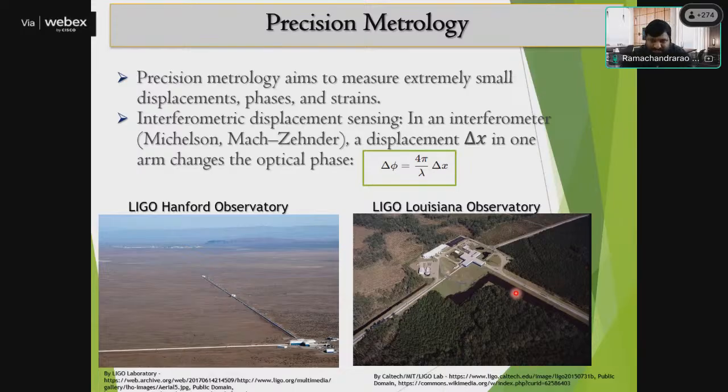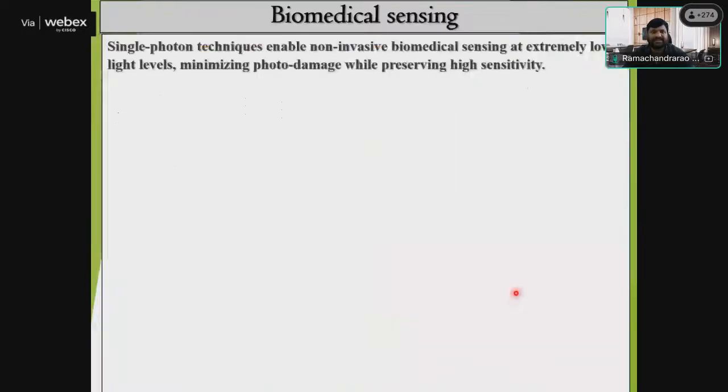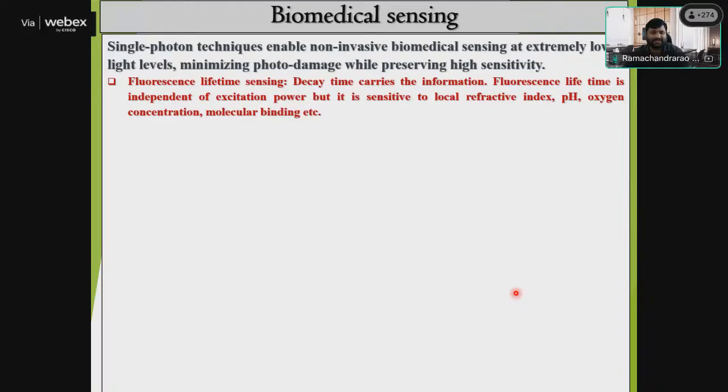Therefore they used single photons and tried to improve these aspects. And as I said, biomedical imaging is powerful. It will enable non-invasive biomedical sensing at extremely low light levels. As I said, since the light level is very low, you will minimize photodamage to the cell while preserving high sensitivity.